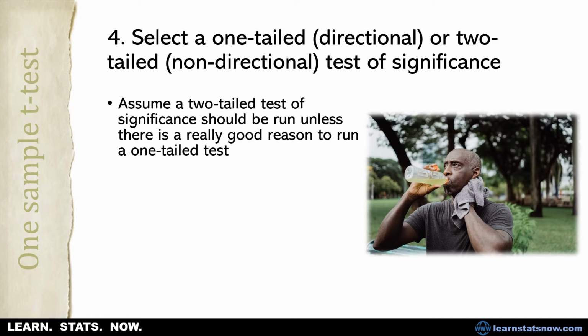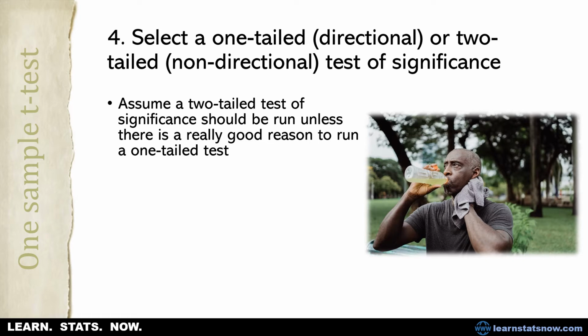If there's just research that tells us that historically it just never occurs that we'll find a sample mean on one particular side of the sampling distribution, those would be good reasons to run a one-tailed test.